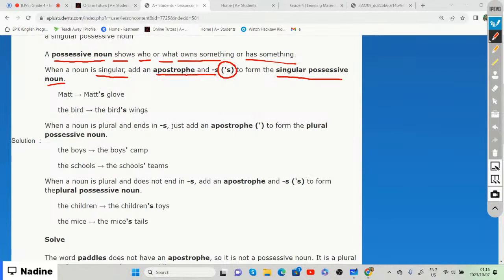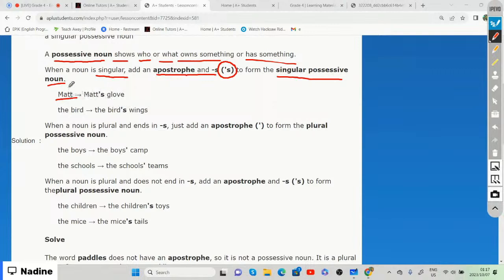And an example of a singular possessive noun is Matt. Matt is a boy. So if we want to show that the glove belongs to Matt, we add an apostrophe and an S to Matt's name.